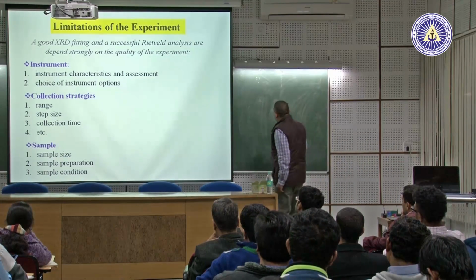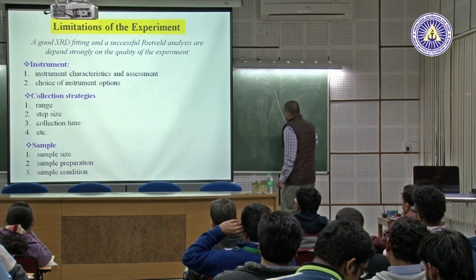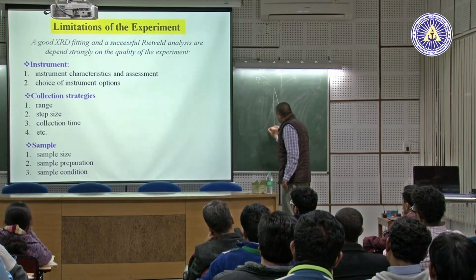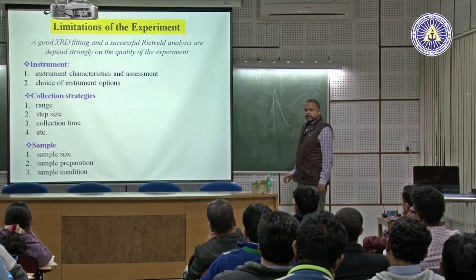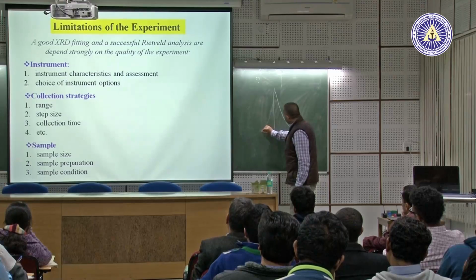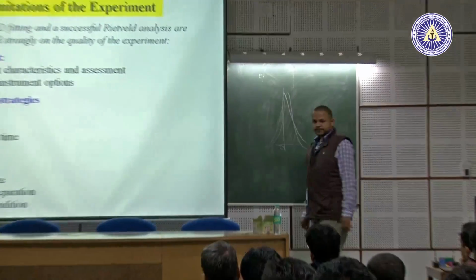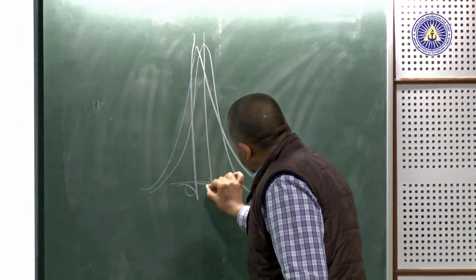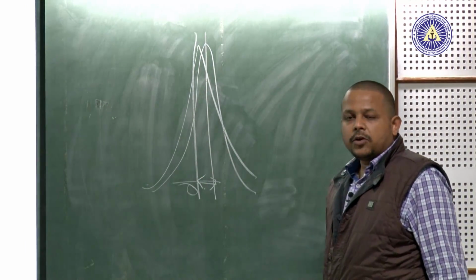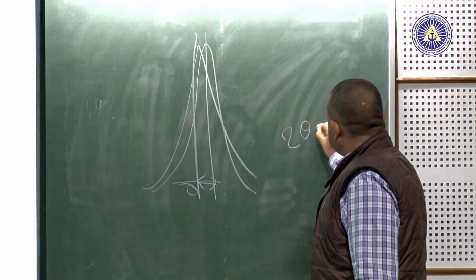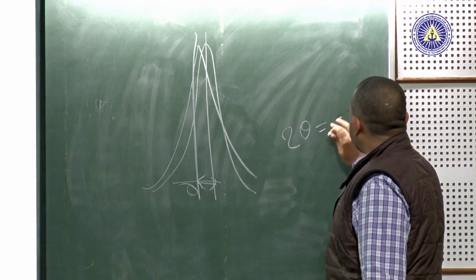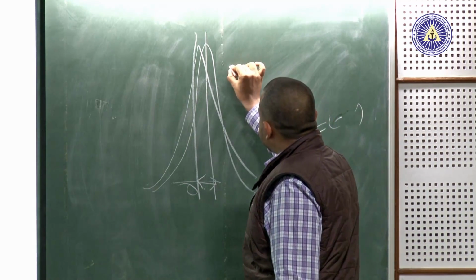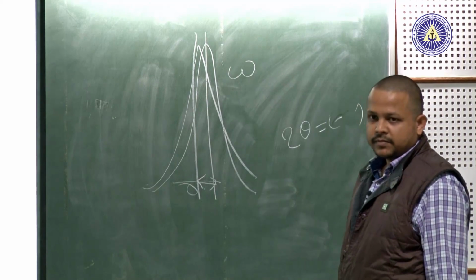In 2 theta scan mode, the peak should come out at 0, and if it is shifted, then you should center this position. That much will be the 2 theta error. Then again do the omega scan.